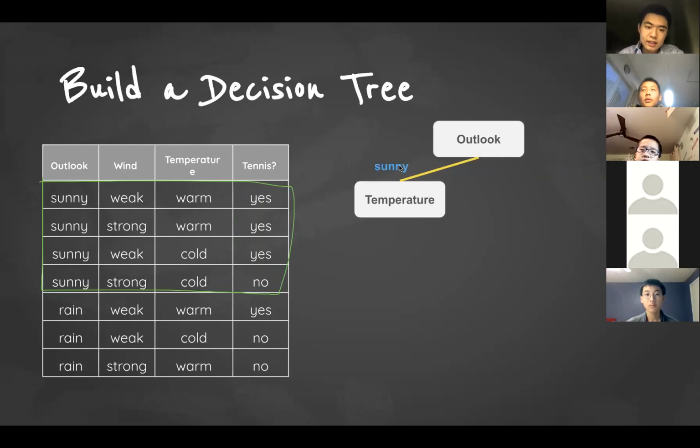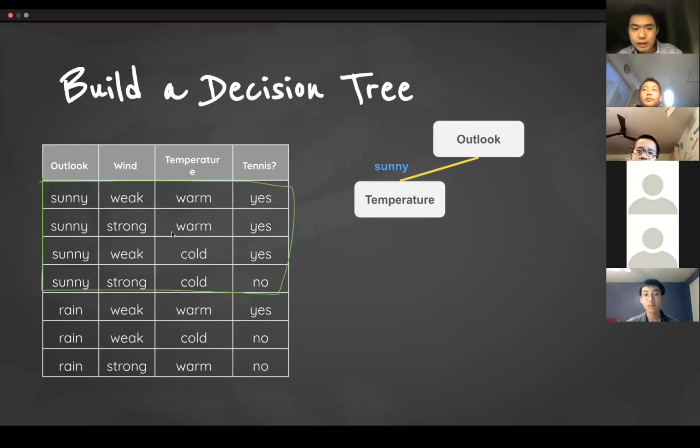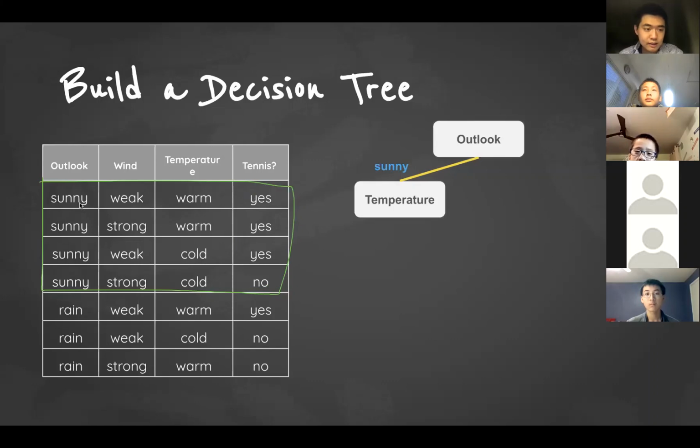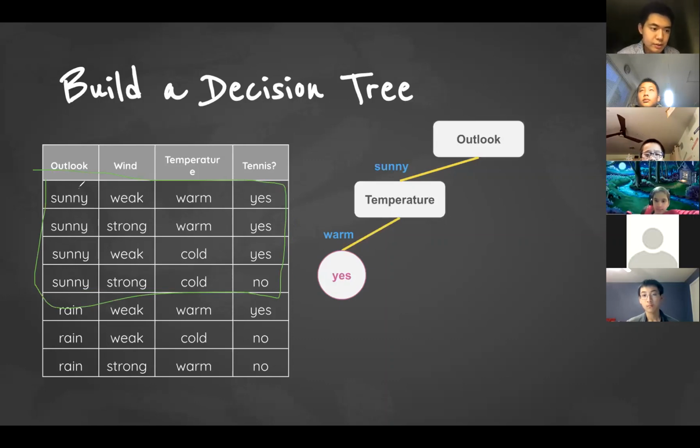After looking at sunny, since we cannot find a good answer yet, we can look at temperature. Temperature also has 2 values, warm and cold. If we look at this first box and all the values that are warm, that leaves us with the first 2 entries.